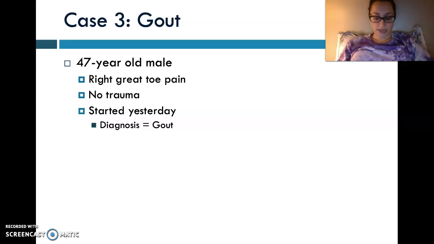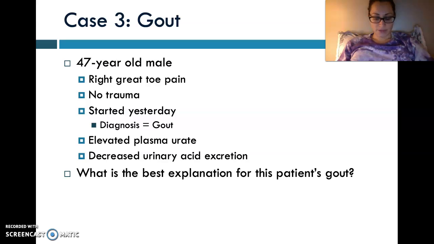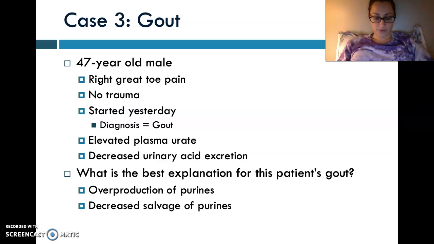His lab work reflects elevated plasma urate and decreased urinary acid excretion. What is the best explanation for this patient's gout? Overproduction of purines, decreased salvage of purines, or decreased urinary excretion of uric acid?